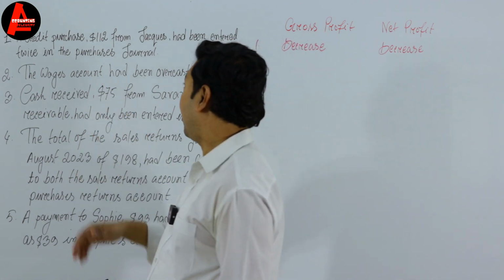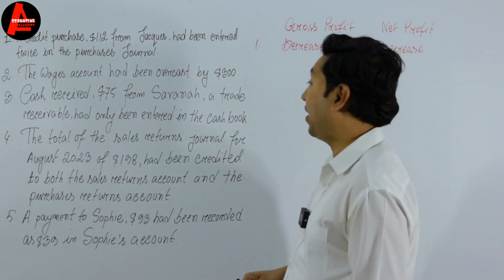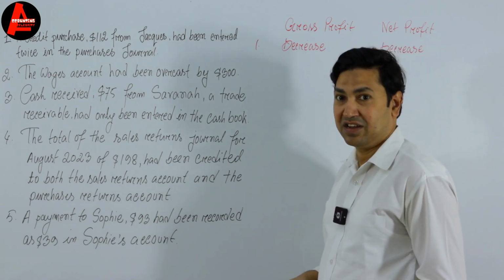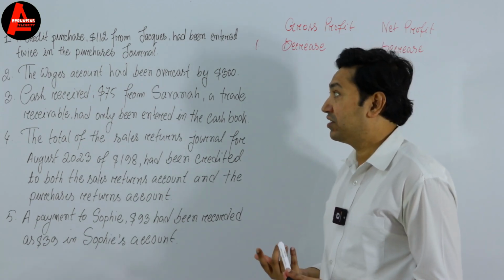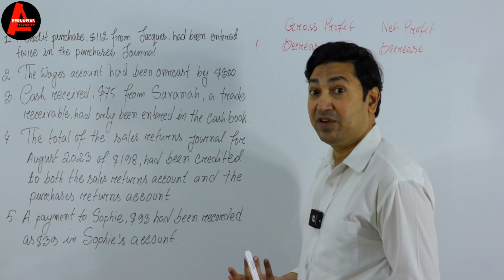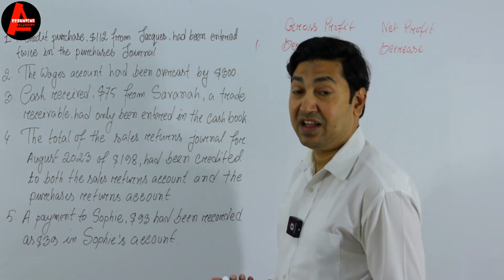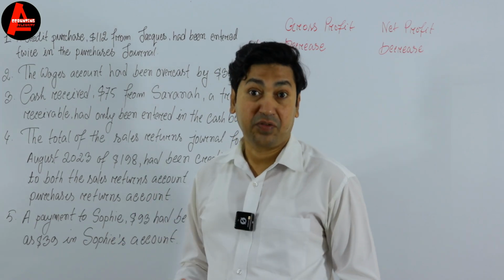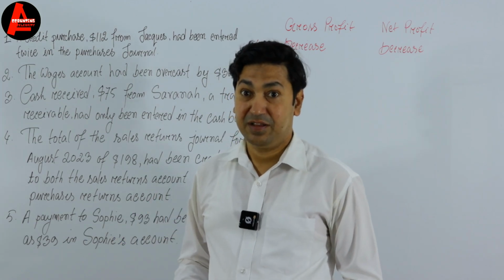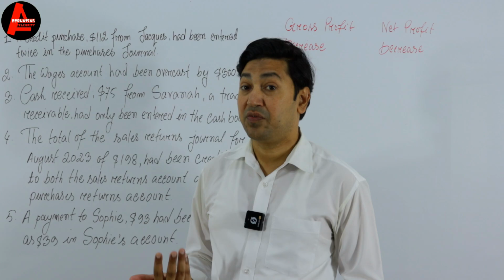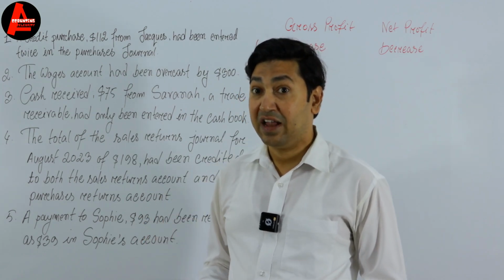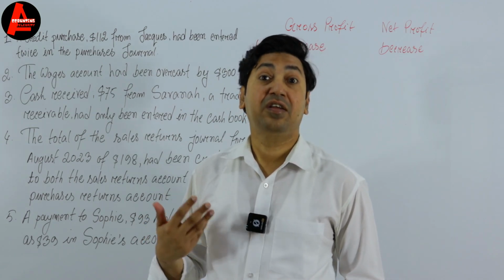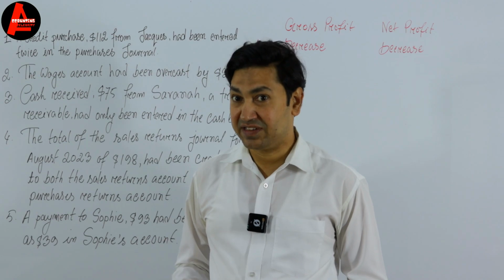So what is number 2 here? The wages account had been overcast by $300. So what are wages? Wages are expense, yeah? So we take this expense in the second part of the income statement. After preparing gross profit or loss, we add all incomes, then we subtract all expenses, yeah?